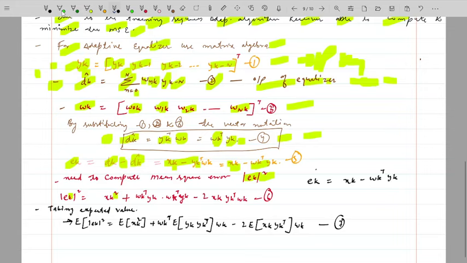If we take the square of this, it will be a minus b whole square. So it will be a square plus b square minus 2ab.